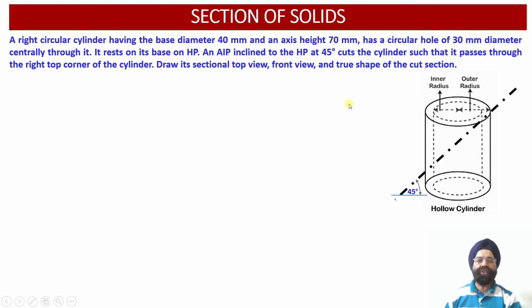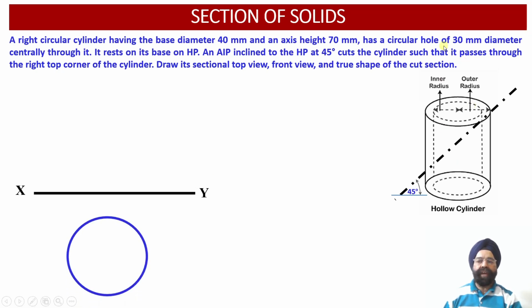So let us first evaluate the orthographic projections of this hollow cylinder when it is resting on the horizontal plane on its base. Now when the observer looks at this cylinder from the top, the observer will be able to visualize the circular projection corresponding to the outer diameter, that is 40 millimeter, and will also be able to see the inner circular portion corresponding to the drilled hole.